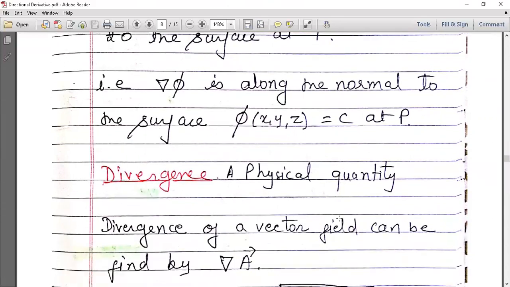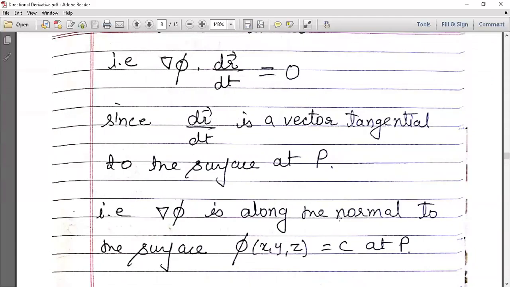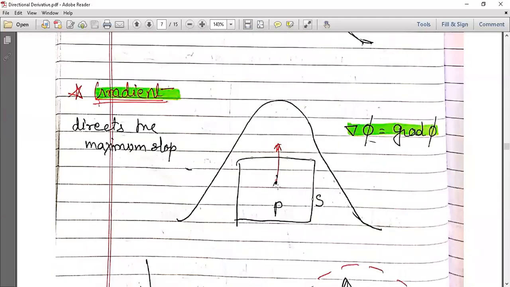Now, divergence. What is divergence? Divergence is how much a vector field is diverging, or converging. If I calculate from this point p in this direction, it will stop at one direction. Here, how much this vector is moving, or how much increment we have, tells us how much it is convergent.